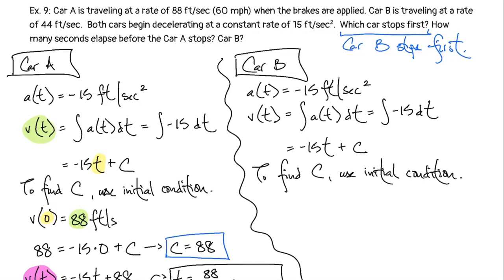It's different. Car B is going at a different speed. So we can say V of 0 is not going to equal 88, but V of 0 should actually equal 44.